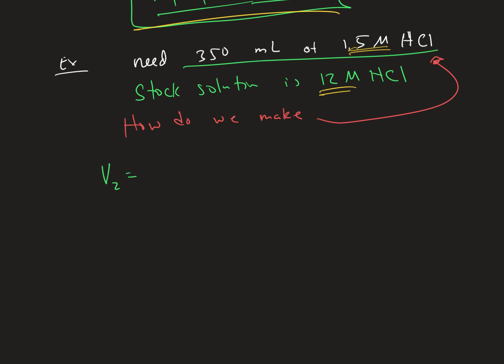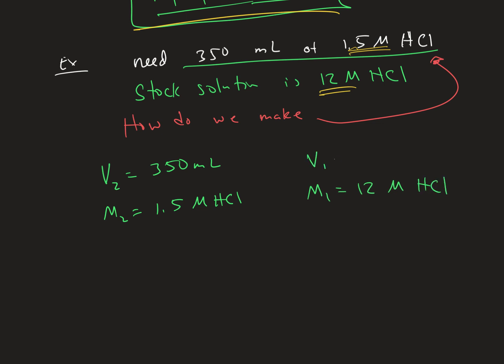All right, so we say V2 is 350 milliliters. That means M2 is 1.5 molar concentration of HCl. And what is this? The 12 molar solution. That's our M1, 12 molar.